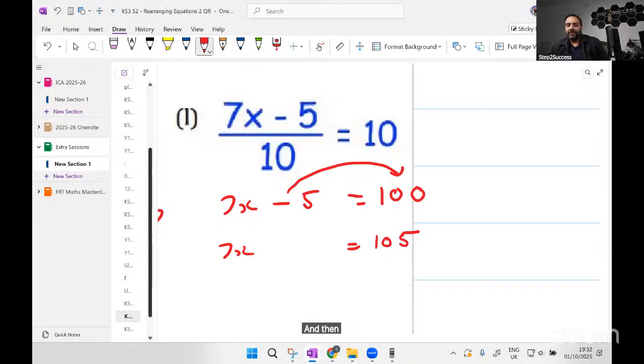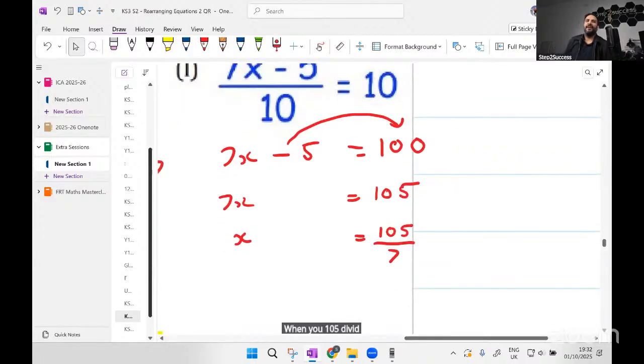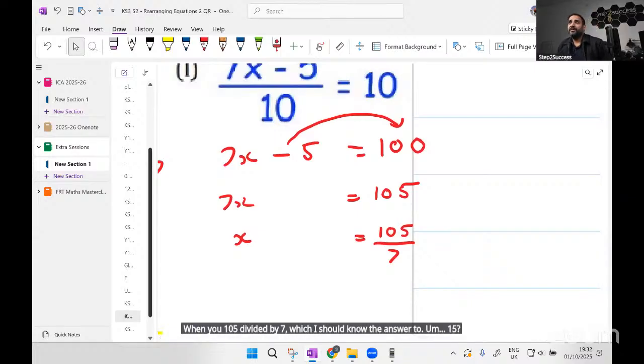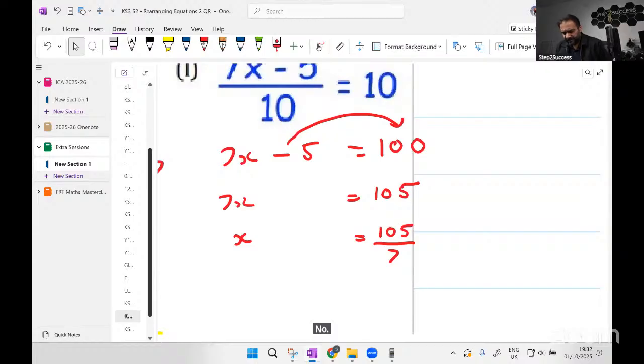And then you move the 7 by dividing it. 105 divided by 7, which I should know the answer to. 15? Yes, it's 15. There you go.